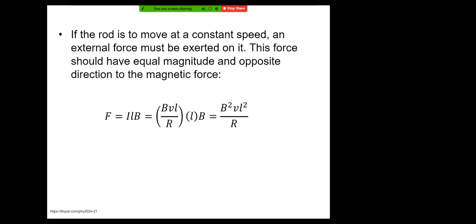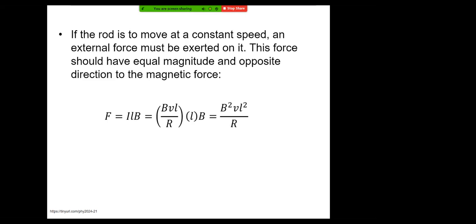And the current induced should be equal to epsilon divided by R, where epsilon is equal to B times v times L. So in that sense, you can see F will be equal to, there are two B's over here, B squared times v times L squared divided by R. Okay, so that's the force needed, or the force the rod experiences: B squared v L squared divided by R.